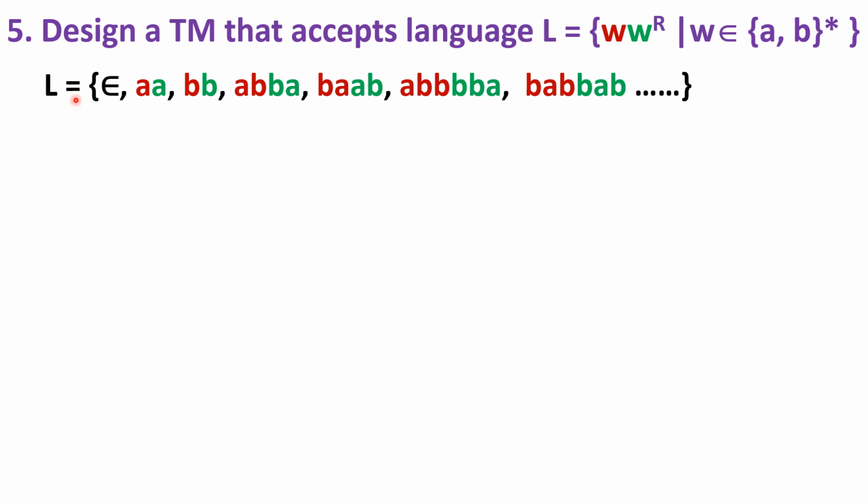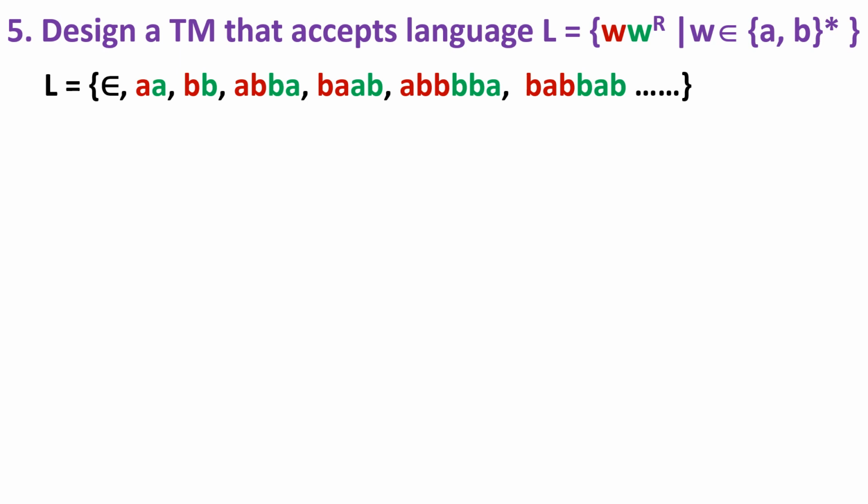So the first string in this language is epsilon. If W is A, then W raised to R is also A. So AA is the next string. If W is B, then W raised to R is also B. So BB also belongs to this particular language.